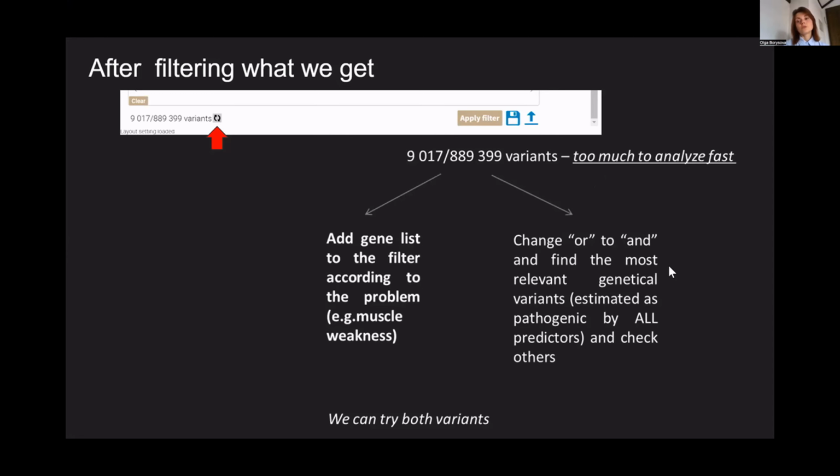First, as we have done, change OR to AND and see the most relevant genetic variants estimated as pathogenic by all predictors and check others. Or, which is done most frequently, we can add a gene list to the filter according to the problem, here muscle weakness.